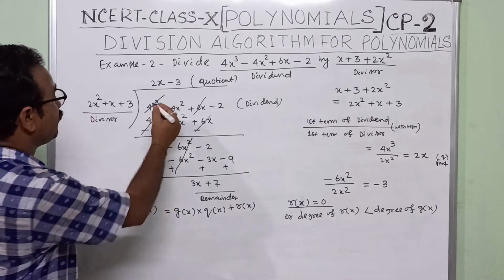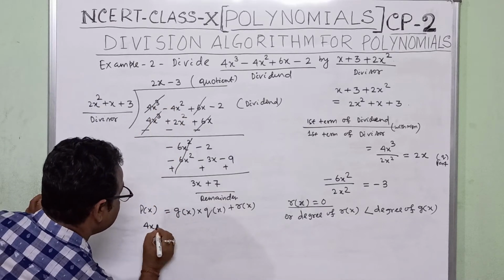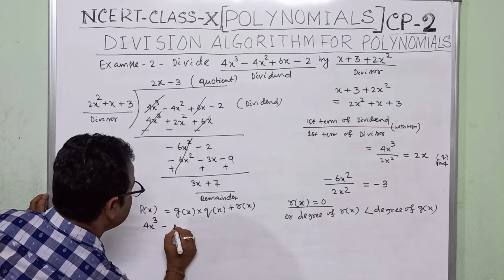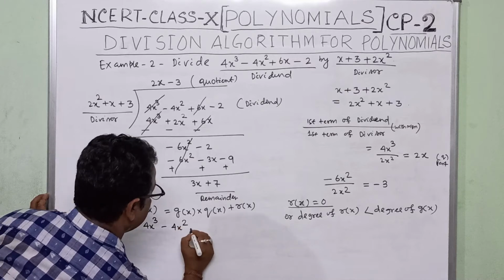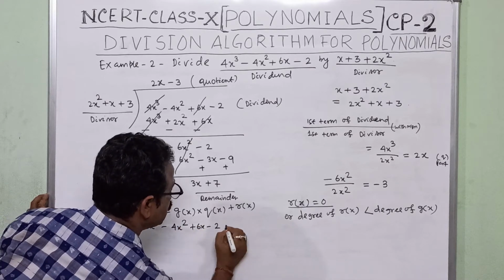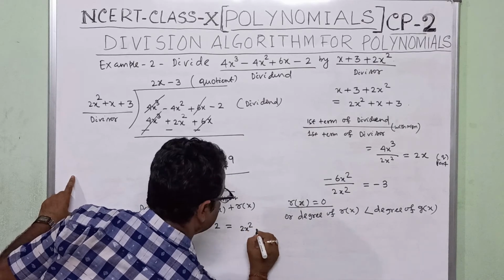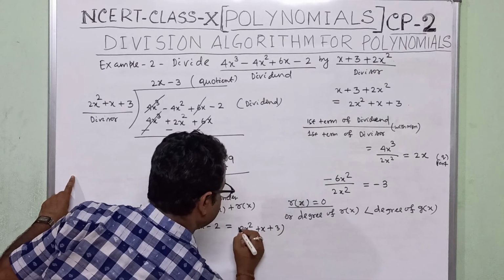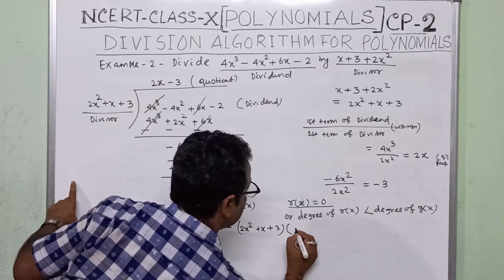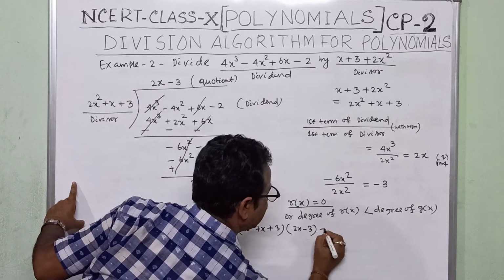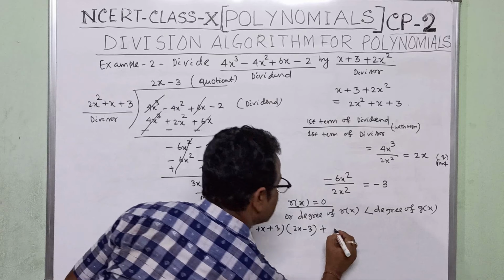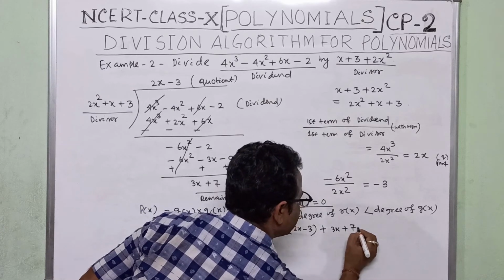So we can write 4x cube minus 4x square plus 6x minus 2 is equal to (2x square plus x plus 3) into (2x minus 3) plus (3x plus 7).